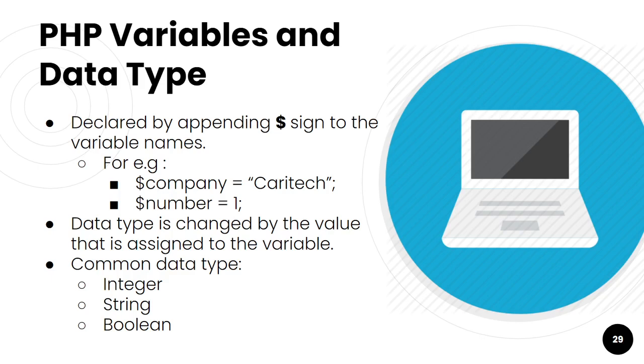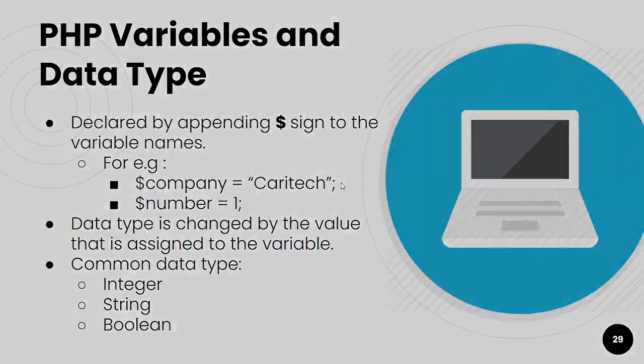We stick the dollar sign in front of the variable name, and then after the equal sign you tell the computers, the servers, what value you want. It can be text, it can be a number, it can be a string. It's basically just a way of calling the data.